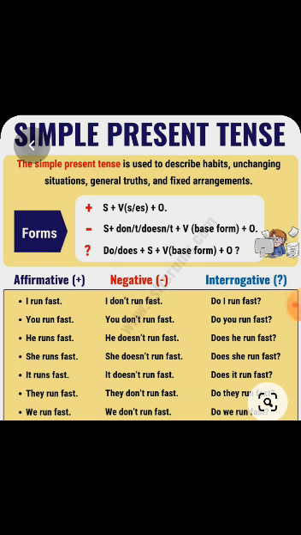Always remember that in simple present tense we talk about our daily routine. So when we talk about our daily routine, we never use is, am, are, ing form, has, have, do, does. These kinds of words are not used in simple present tense. Simple present tense means simple tense.